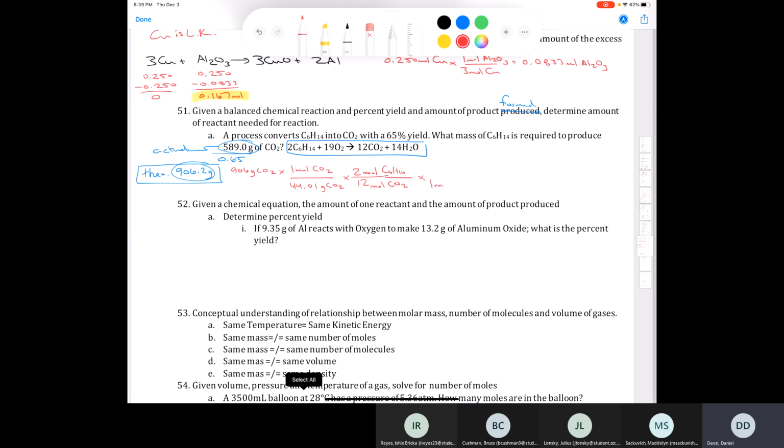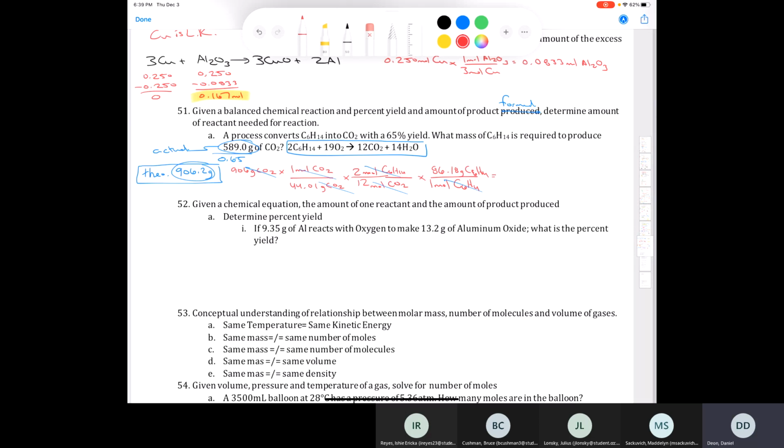And in 1 mole of hexane, C6H14, I've tallied up the molar mass. It's 86.18 grams of C6H14. Look at my units. Grams of carbon dioxide, moles of carbon dioxide, moles of hexane cancel, and I'm left over with the mass.